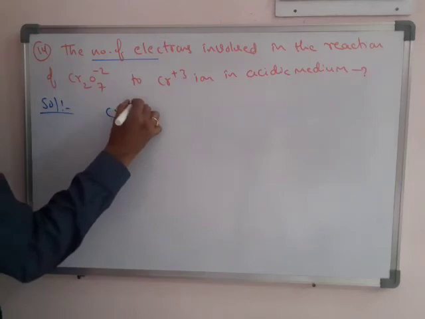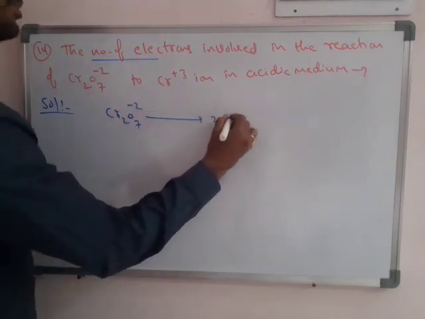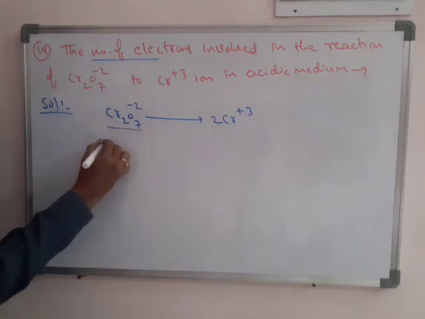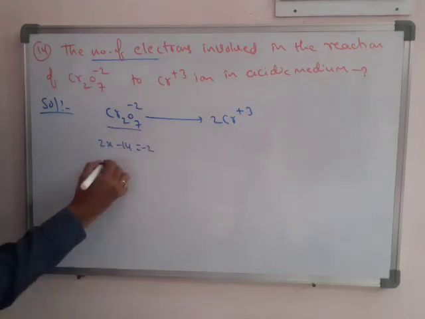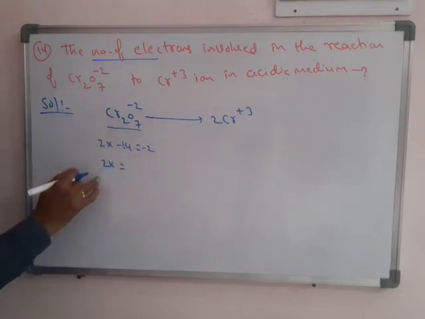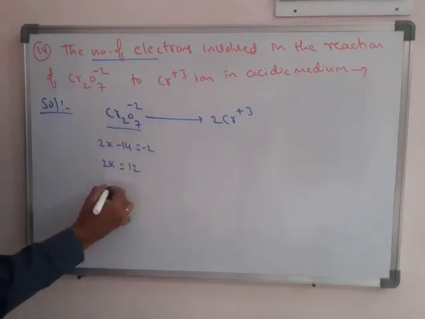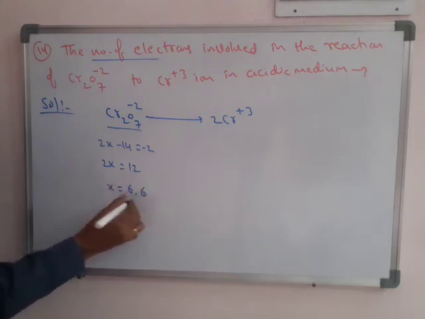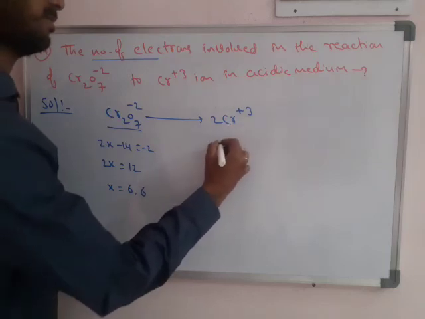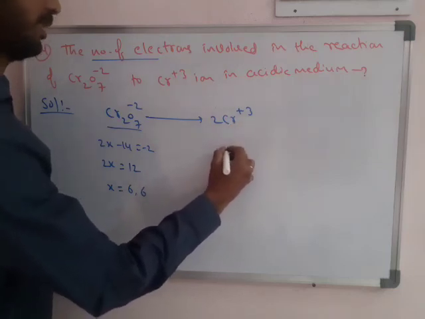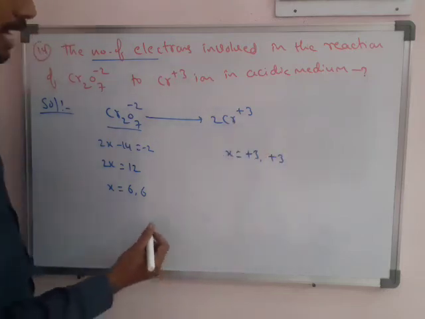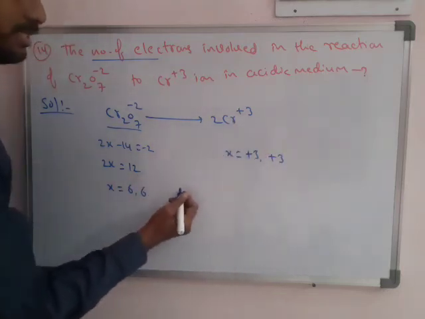To find the number of electrons, we must balance the equation, that is 2Cr plus 3. So what is the oxidation number of chromium here? 2x minus 14 equals minus 12, so for 2 chromiums the oxidation number total is 12. Means 2 chromiums are in +6 position, 6 comma 6. Here 2 are +3s, means the oxidation numbers are +3 and +3. 12 minus 6, what is the change? 6.